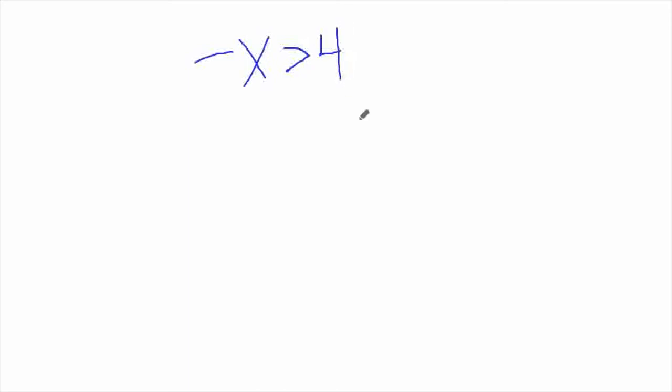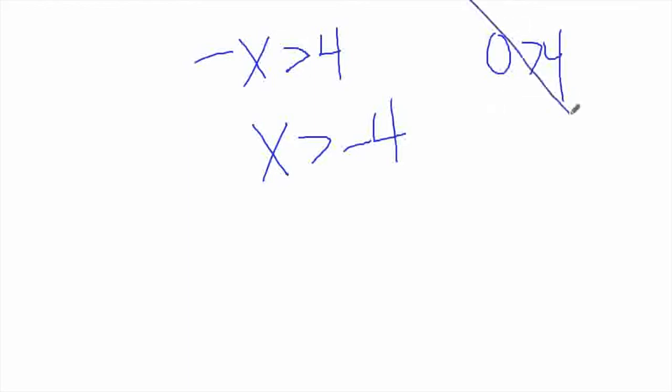Now if you just naively multiply both sides by minus 1, you would think that the answer is x is greater than minus 4. Let's try to check that. If I plug in 0 into the original inequality, that does not work. So 0 is not bigger than minus 4.